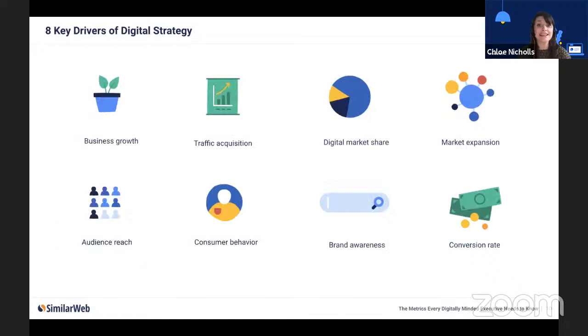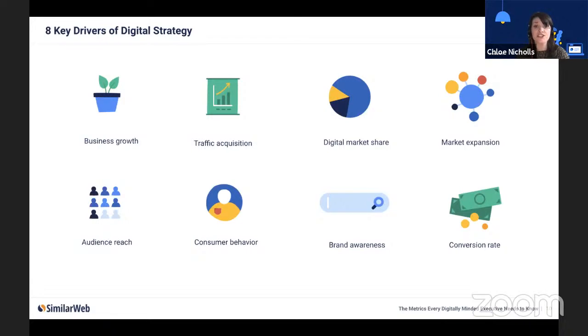And so when you're thinking about these key drivers, this is what we see as the 8 key drivers of any effective digital strategy. So you've got your business growth. So that's related to obviously revenue, but it can also be related to any other growth driver within your own business.